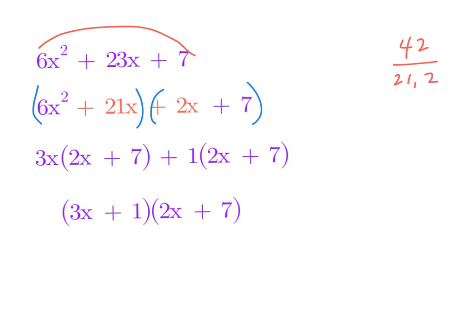Sometimes that takes a little time. This method guarantees that you'll get to the answer quicker if you can find the factors. Again, which method you use is up to you. I figured I'd show you grouping since we just covered grouping a little while ago.